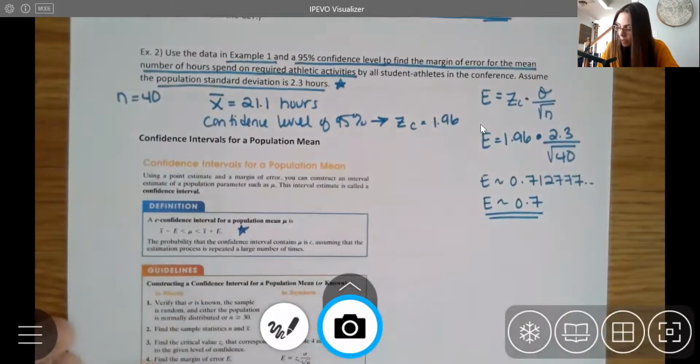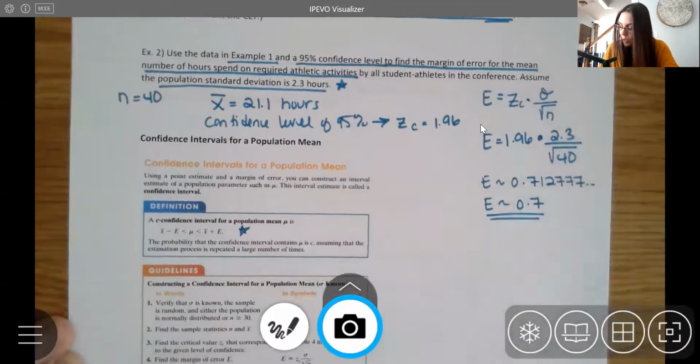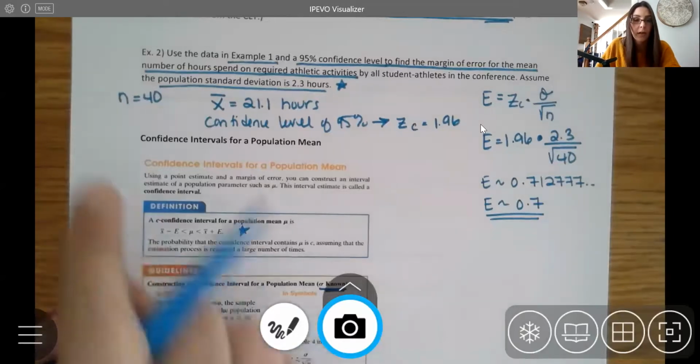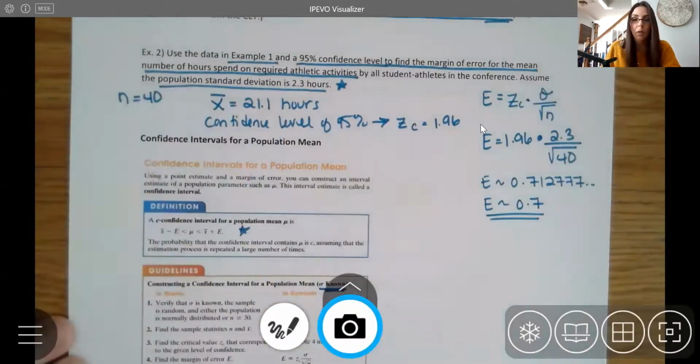Now, this runs through all the steps again, putting the whole thing together. When you're doing a confidence interval for the population mean when sigma is unknown, the first thing you need to do is make sure you actually know sigma. The sample is random, and either the population is normally distributed or your sample size is 30 or greater. Here our sample size was 40, so we were fine.